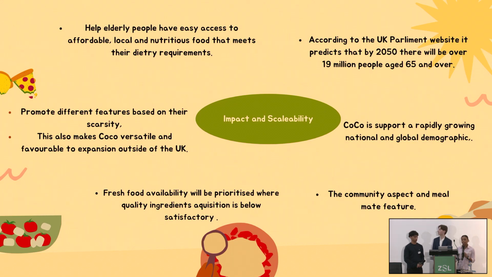Fresh food availability, there is a lack of fresh food. Most of the time people get ready meals, as another group said, or prep meals. So the aspect of meal mates motivate the unmotivated. The support of the rapidly growing senior population, and have the seniors have access to nutritious food, specifically.